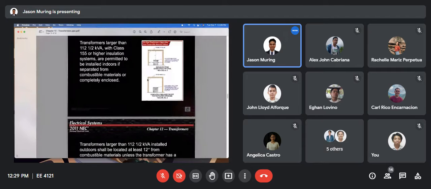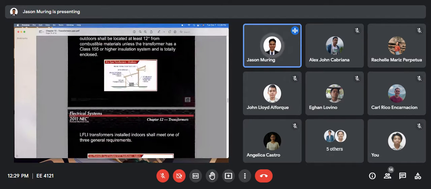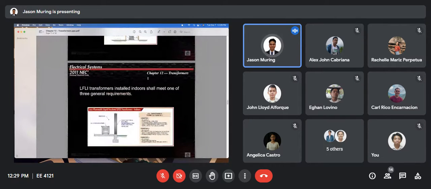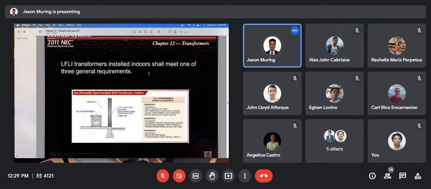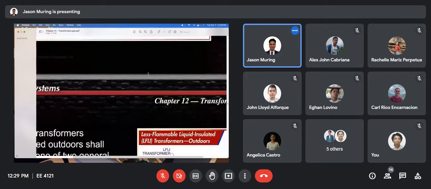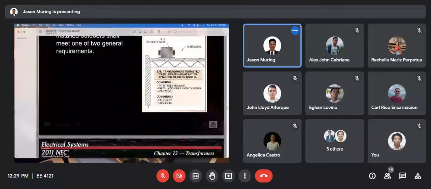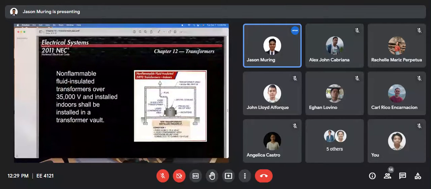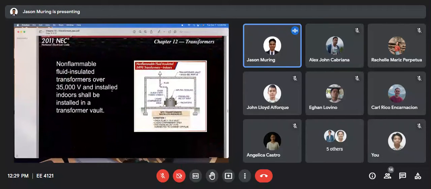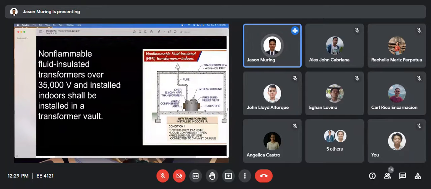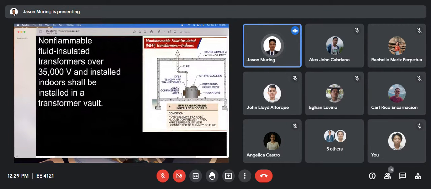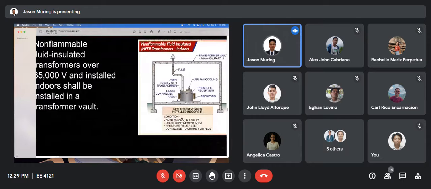Okay, so the openings are only used for vents or ventilations. Okay, so non-flammable liquid fluid insulated. So there is another condition that it can be installed.